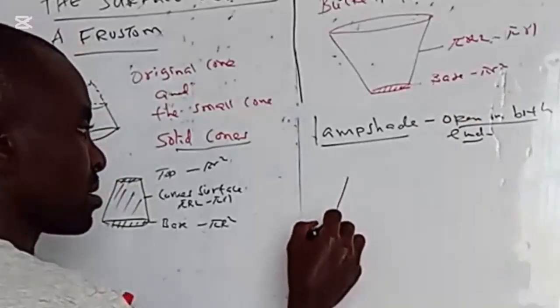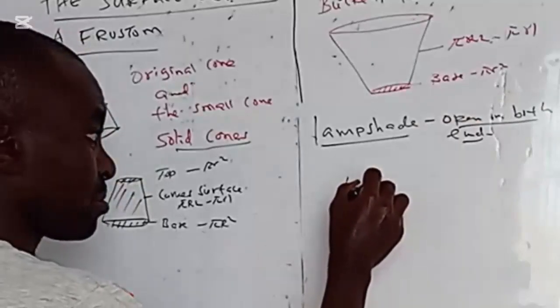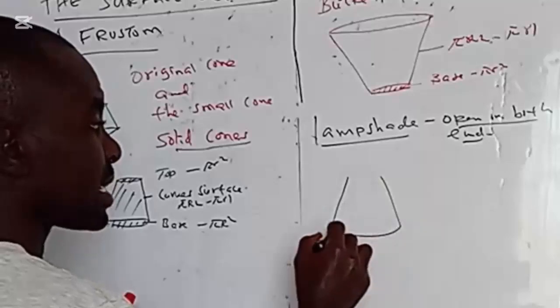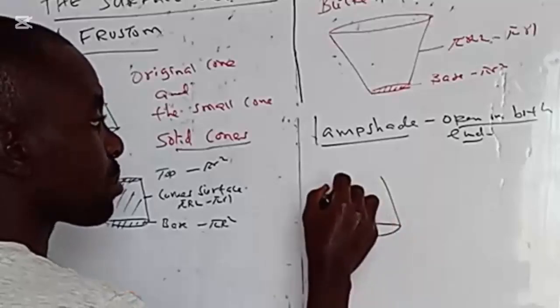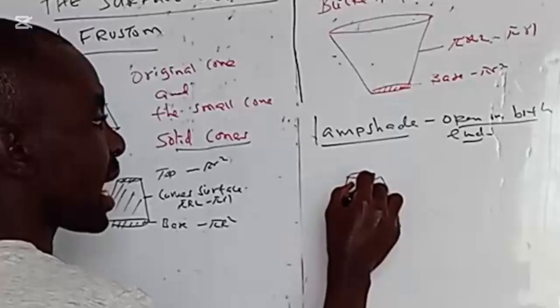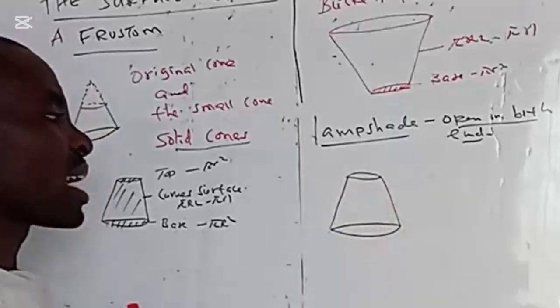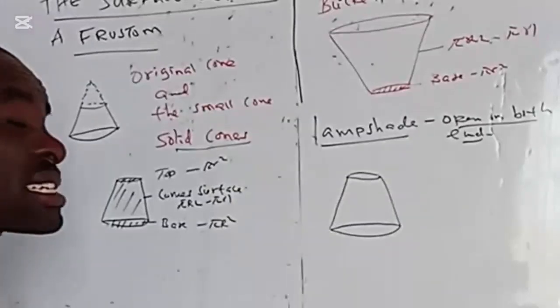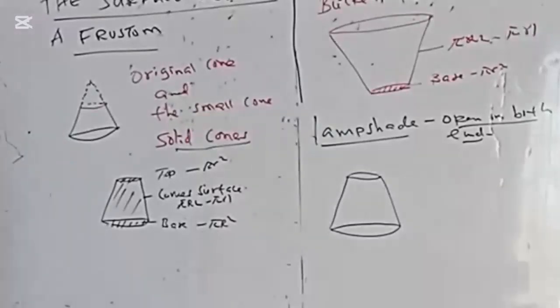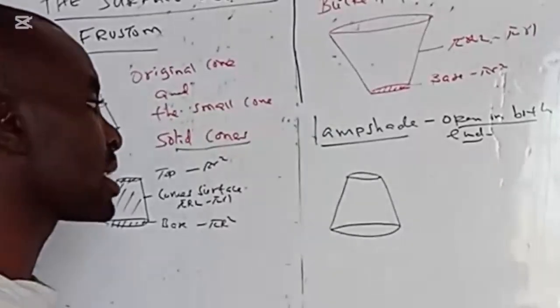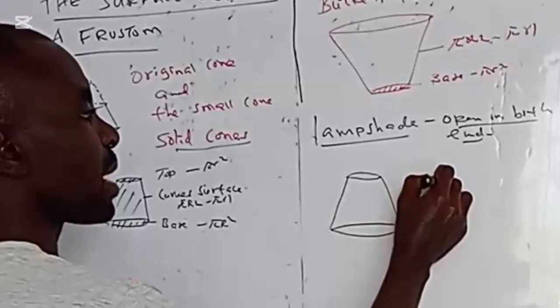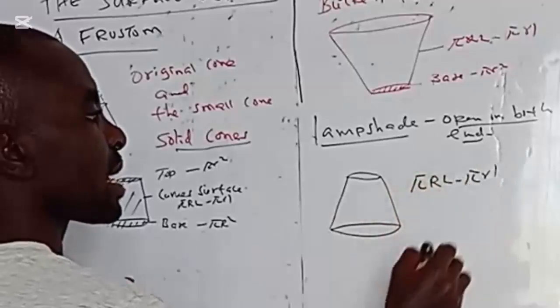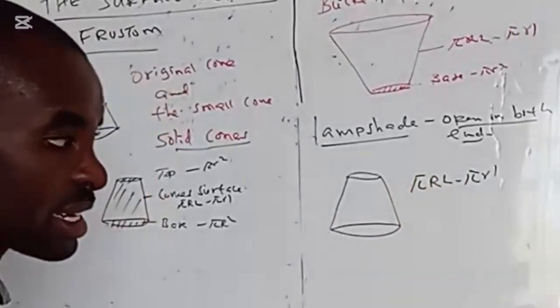So it's a frustum, but it is open at both ends, unless the question says otherwise. And how do we get it? We get it as pi RL minus pi rl. Its surface area will be given as that.